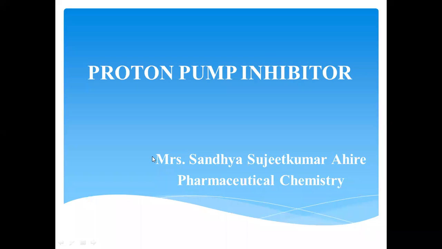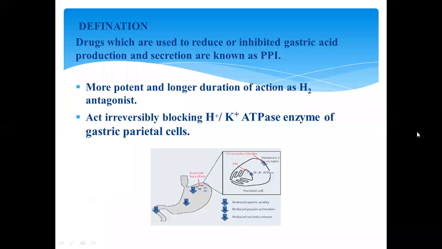Hi friends. So today we are going to discuss proton pump inhibitors. The definition: the drugs which are used to reduce or inhibit gastric acid production and secretion are known as proton pump inhibitors, that is PPI.